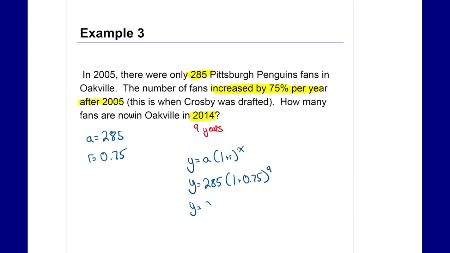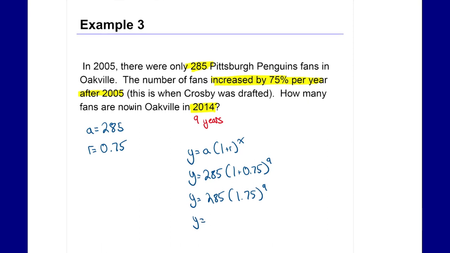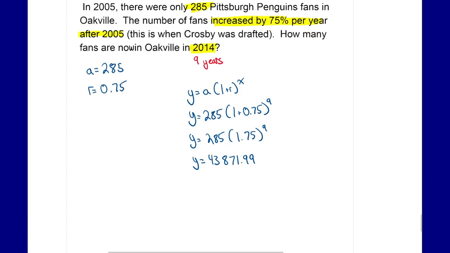So y equals 285 times 1.75 to the power of 9. And we get 43,871.99. So therefore, in 2014, there were 43,872, we'll round up, fans.